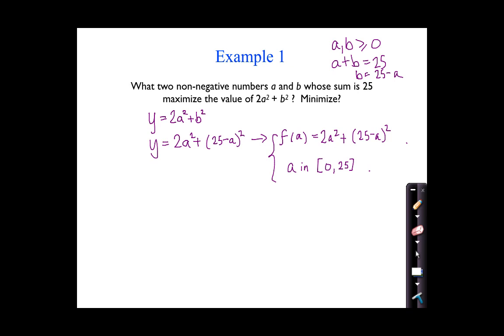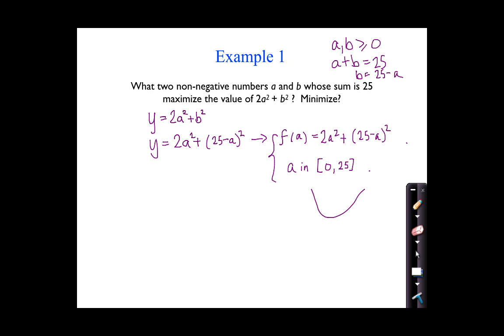As long as that vertex is between 0 and 25, that vertex would be my maximum, or minimum, actually. I've got 2a squared and then 25 minus a squared. If I were to simplify that, that'd have a positive a squared. So if I'm looking for a maximum, it's not the vertex here.